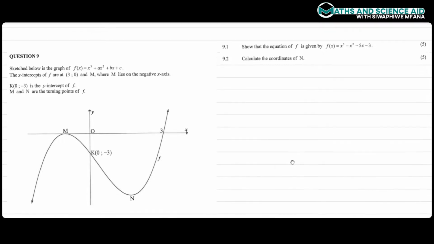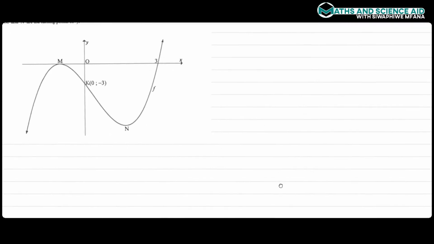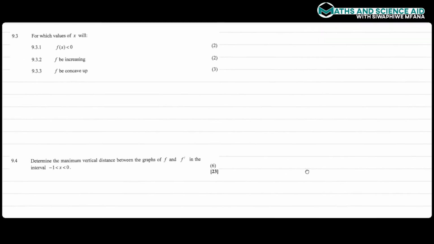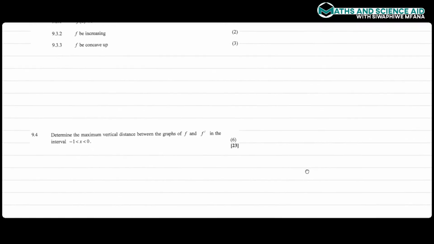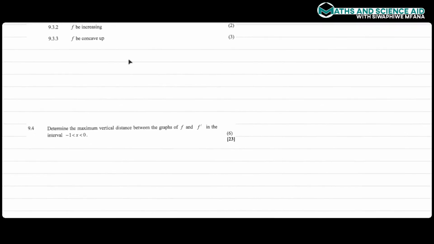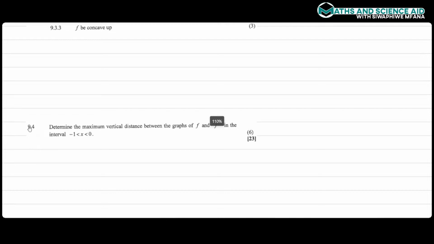This one is quite a unique question because they combined the optimization problem under this cubic polynomial question here in question 9. As you can see, 9.4 says determine the maximum vertical distance between the graphs of f and f prime in the interval from -1 up to 0.